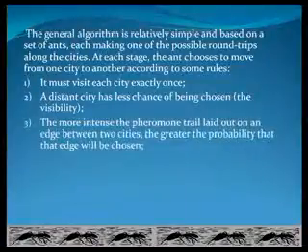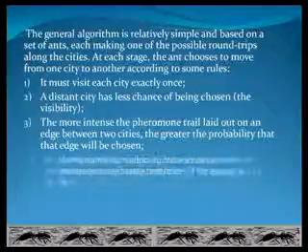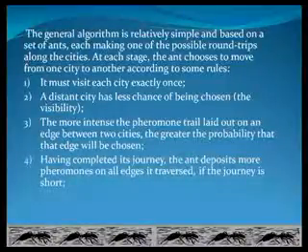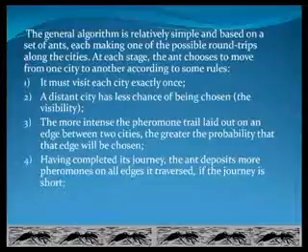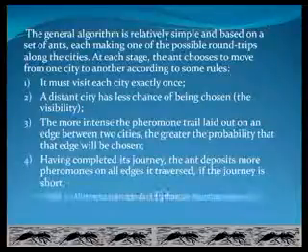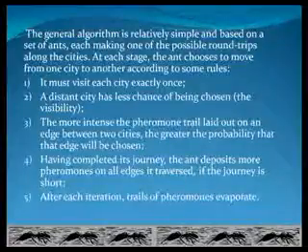The more intense the pheromone trail laid out on an edge between two cities, the greater the probability that edge will be chosen. Having completed its journey, the ant deposits more pheromones on all edges it traversed if the journey is short. After each iteration, trails of pheromones evaporate.